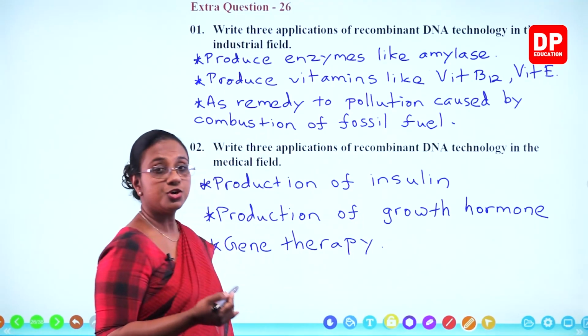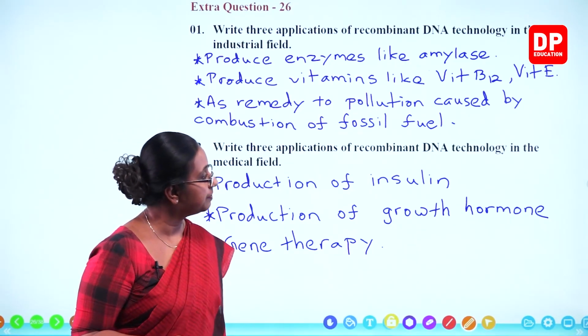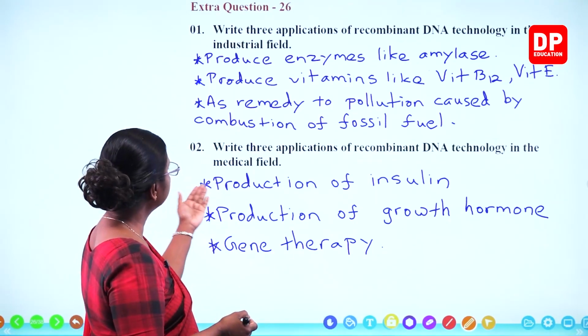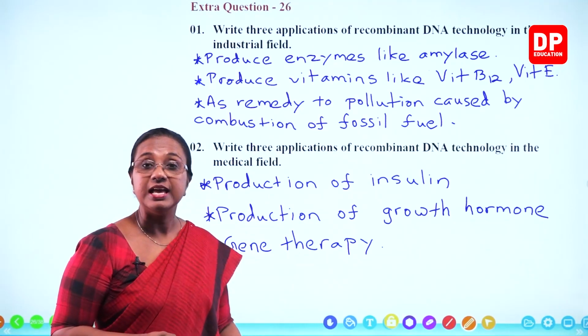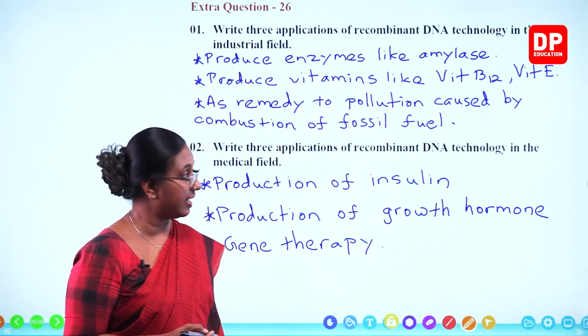I am writing short answers because here it is the application of recombinant DNA technology in the medical field. You don't have to explain the applications. If you just write them, that is more than enough.